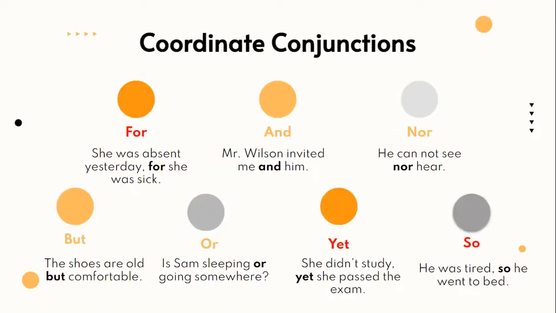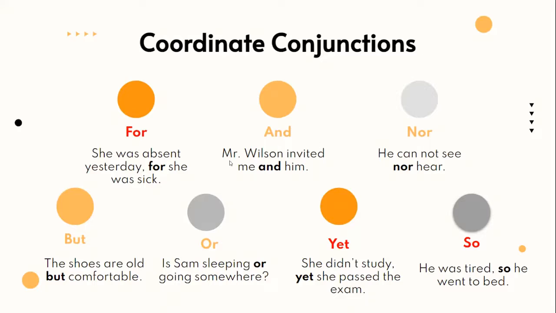As you can see here, they can be used in different functions. For, it's used to explain the cause of an action. And, as Arif said in the beginning of the class, is used to connect equivalent words or phrases like this.